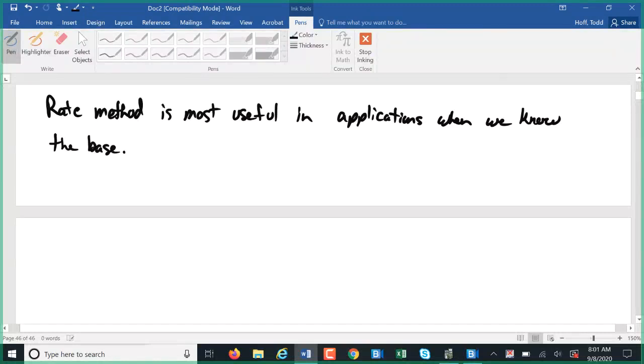Now, there's a lot of applications like this. Interest is one. You know the base amount, you know the principal. So calculating the actual amount of interest, you can use that rate method rather quickly. Commission is another one. Commission sales.